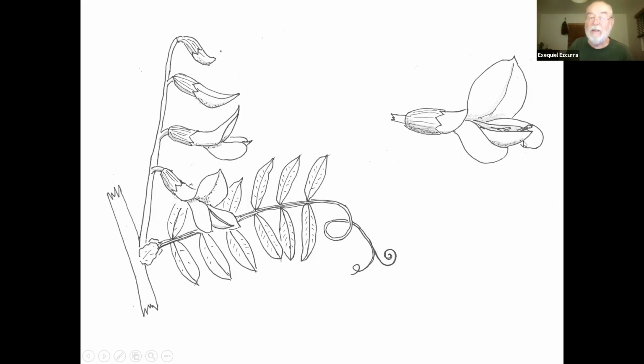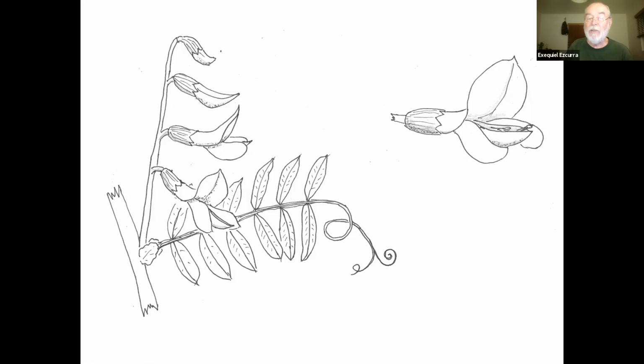The 2 fused petals inside are known as the keel, and the 2 petals that open outside are known as the wings. It's called papilionaceous because of a fairly remote similarity with butterflies, papilio in Latin.